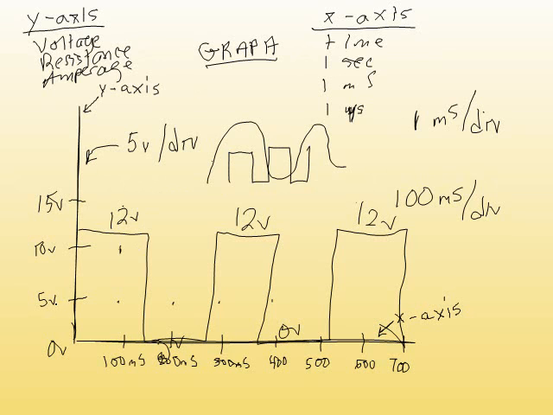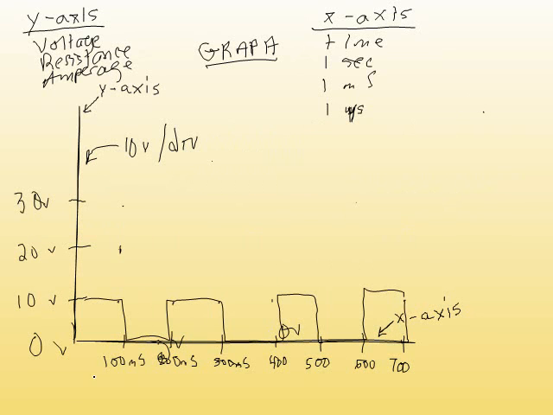So you could change your base on this. If you change it to 10 volts per division, your pattern would just get a little smaller. Changing this to 10 volts per division shrinks that pattern, because we used to have 5 volts per division, which put 12 up here and gave you a great big pattern, something to look at.